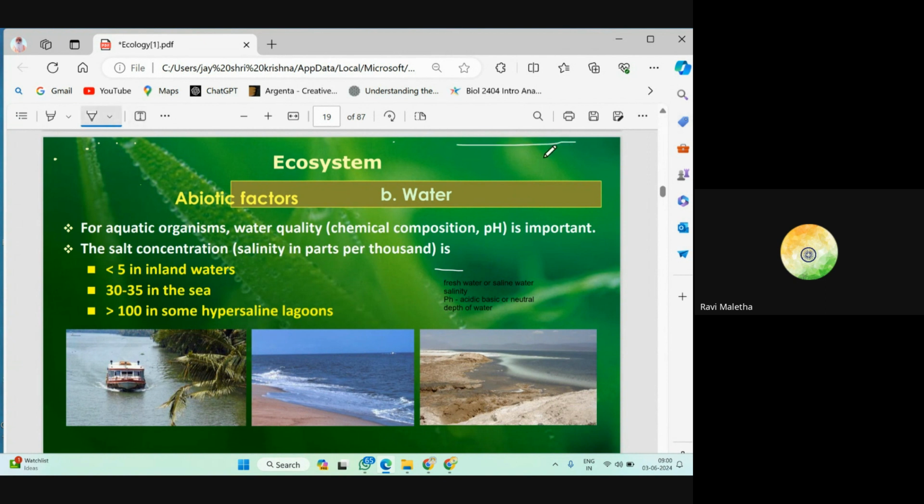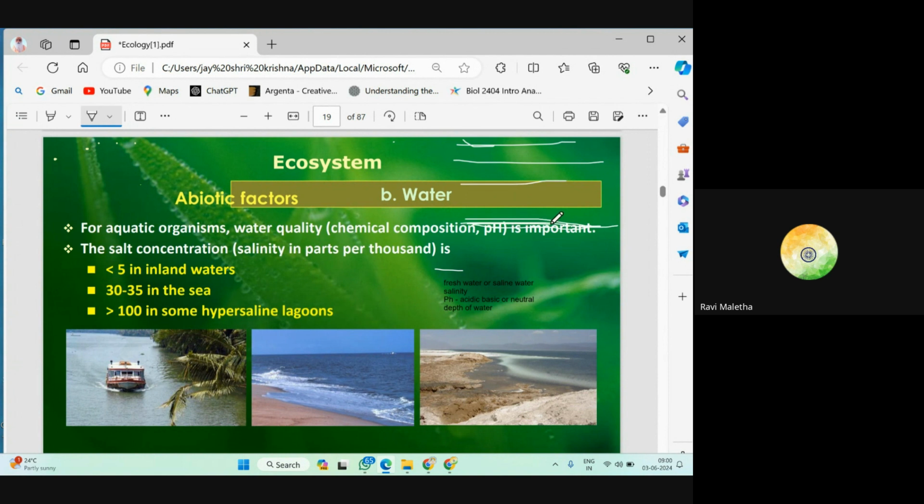How? For example, this is the sea and this is the surface of the sea, and let this be the land. In the upper level, different organisms will be present. If you go deeper, more different organisms will be present. At the bottom of the sea, completely different types of organisms will be present. They might not be fishes, they may be insects, they may be snakes.